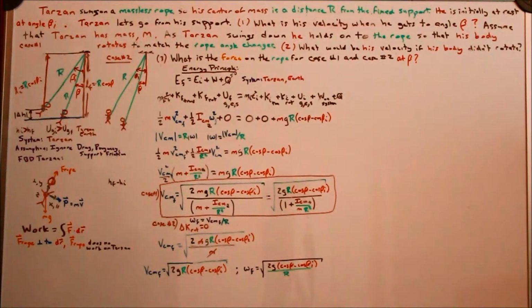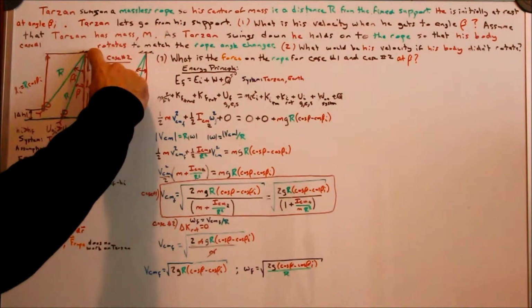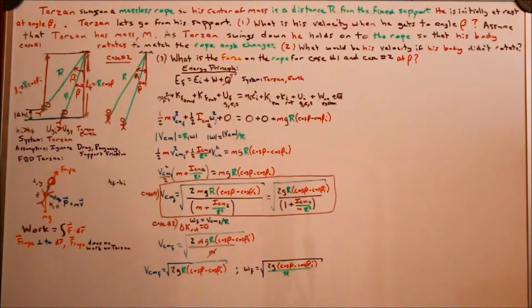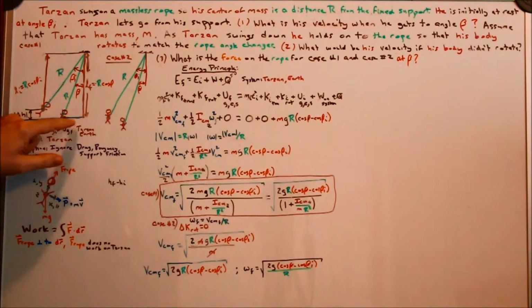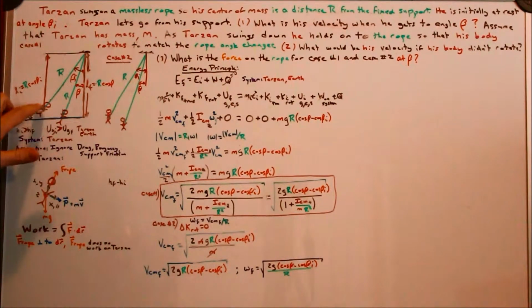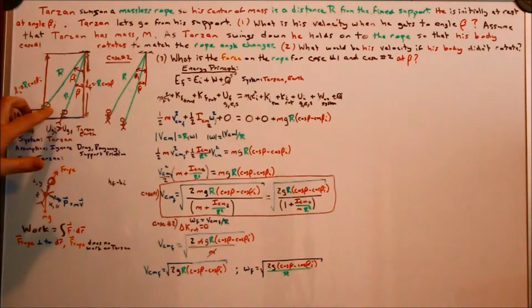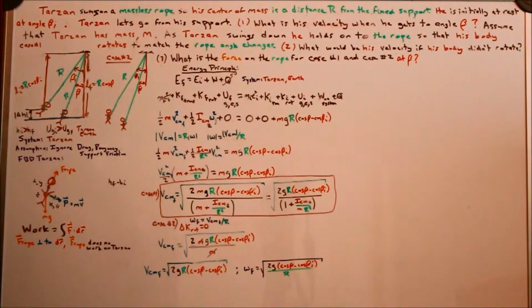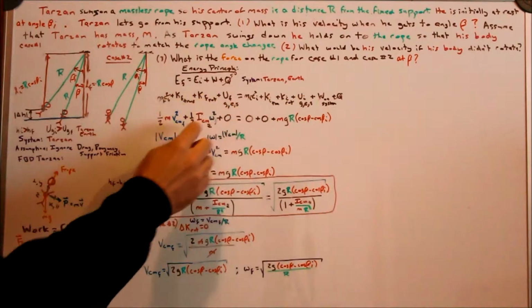If you do the trig, you can see in the initial state this length Li is r cosine beta initial, and this length in the vertical at the final is r cosine of beta, and we know he's higher at the initial condition than in the final condition, as the picture shows right here. So he had more potential energy here than he had here. So initially he had more potential energy than he did final.